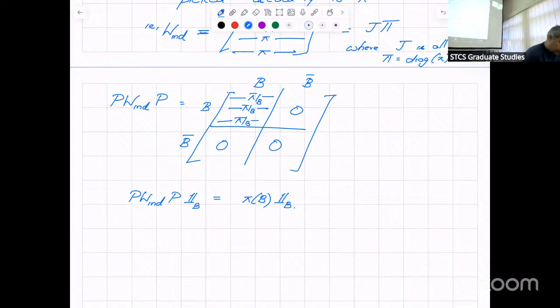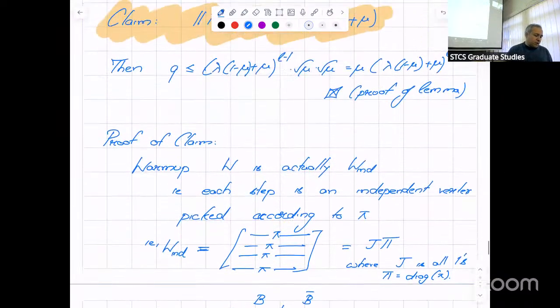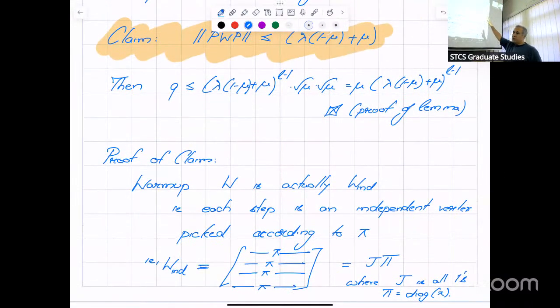Hence, since P W_ind P is rank 1, the norm of P W_ind P is exactly pi(B), which is mu. That's expected. When it was the independent distribution, you should get that. The proof of the claim should have given you mu, and that's what it has given you.